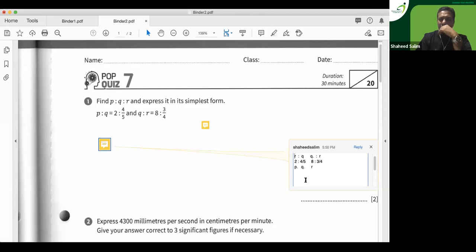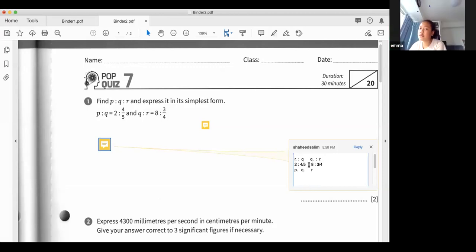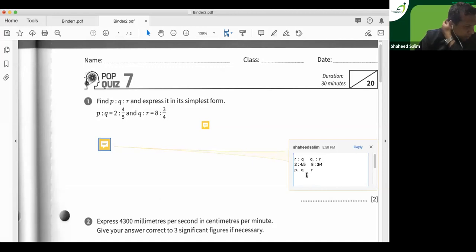That's why you made it 6.4. 4/5 times 8. But okay, that means the method is wrong. So this one is not correct. You must make sure that this Q value is the same. You want to make 8 into 4/5 or 4/5 into 8?